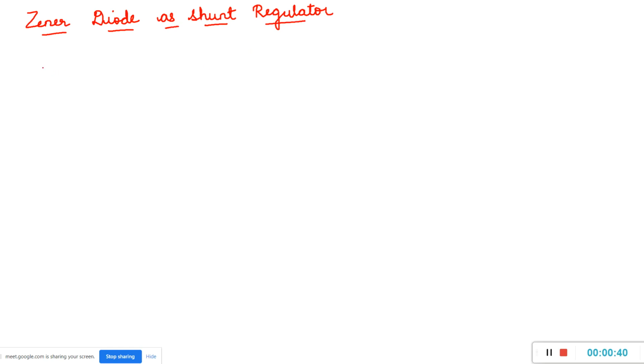So let me draw a simple circuit using this diode. The symbol of the Zener diode is this.